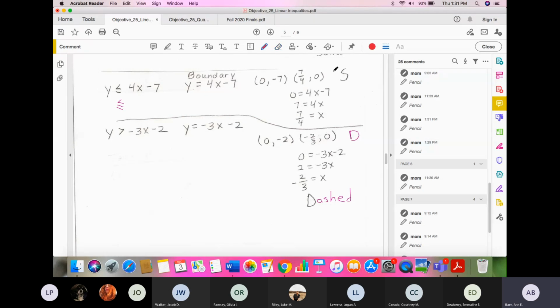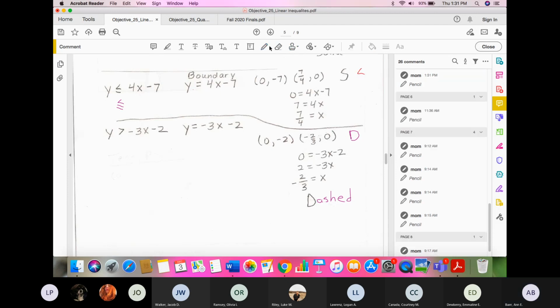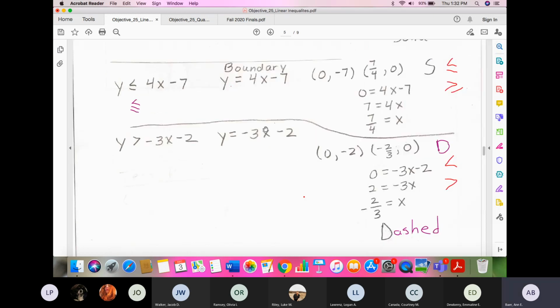So this will happen if you've got less than or equal to, or greater than or equal to. You'll have dashed if you've got less than or greater than. And we have greater than, so we're going to have dashed here. Here we have less than or equal to, so we have solid. Any questions on that?